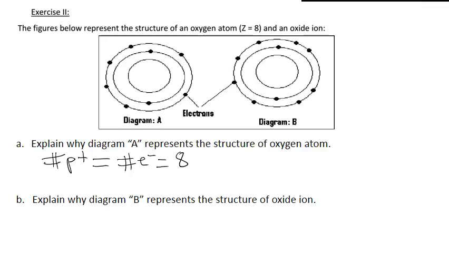Since they have equal numbers, protons and electrons, it's an atom. Okay? But why is B an ion? Because protons and electrons are not equal. Good. You have 10 electrons and 8 protons. They are not equal.